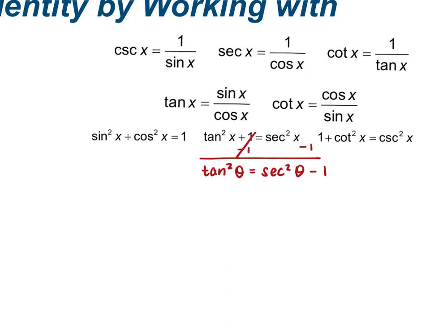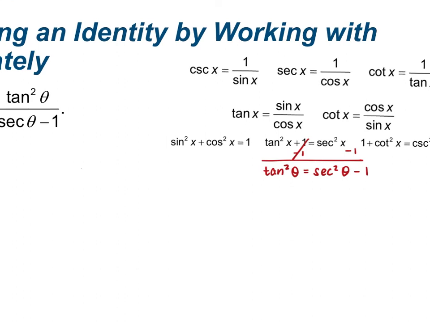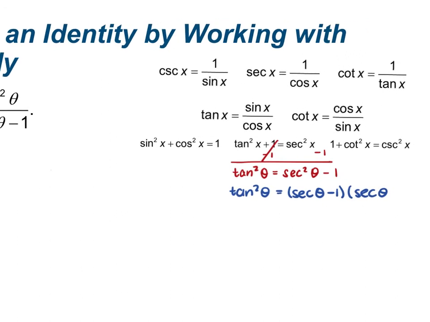Now that secant squared theta minus 1 is not the same as secant theta minus 1. However, it is a difference of squares. So we can factor it into tangent squared theta is equal to secant theta minus 1 times secant theta plus 1. So now you see that, yes, you have something that is included in the original equation that was given to you, which is that secant theta minus 1.